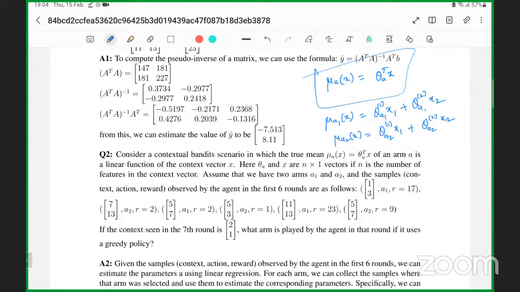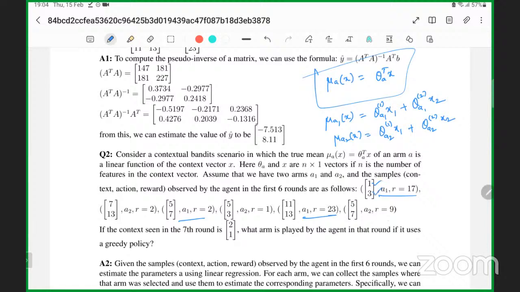If you want to estimate the parameters of arm A1, you just look at all the samples in which arm A1 is played. For example, here, this one, this one, this one, there are three samples of arm A1. This is H1 and H2 in that instance.